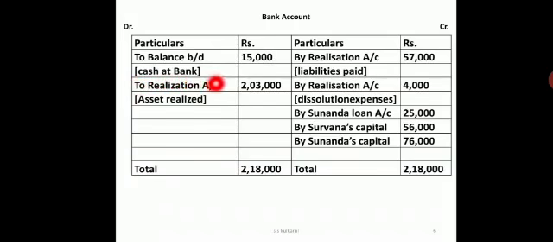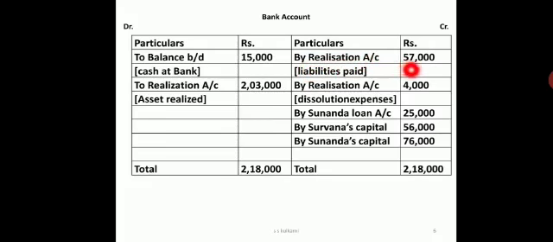Now from the realization account, I will take the total of assets that have realized, that is 2,03,000. Similarly, I will come to the realization account. On the debit side, I have paid the liabilities. So whatever amount is paid shows a decrease in cash. So I will take it on the credit side. Decrease in cash is credited.